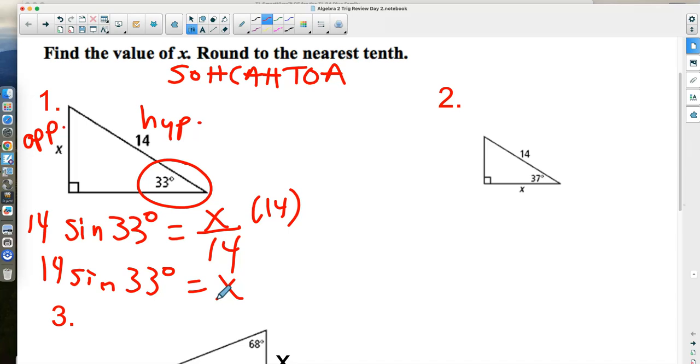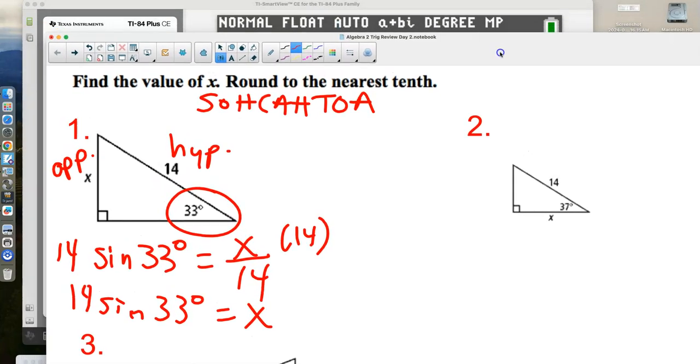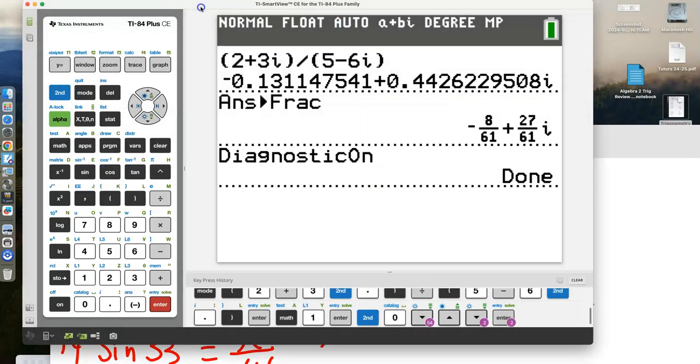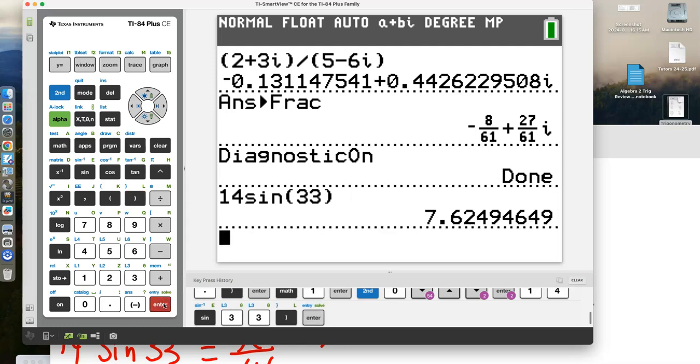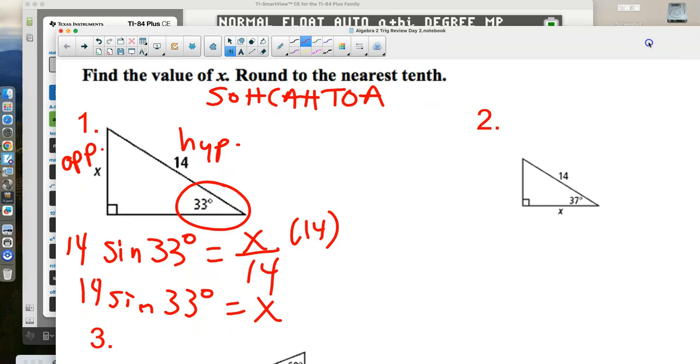So we're just going to go ahead and punch that in now that we have our calculator set to degrees. 14 sine of 33, and they said round to the nearest tenth. Getting 7.6? Good. 7.6 it is.